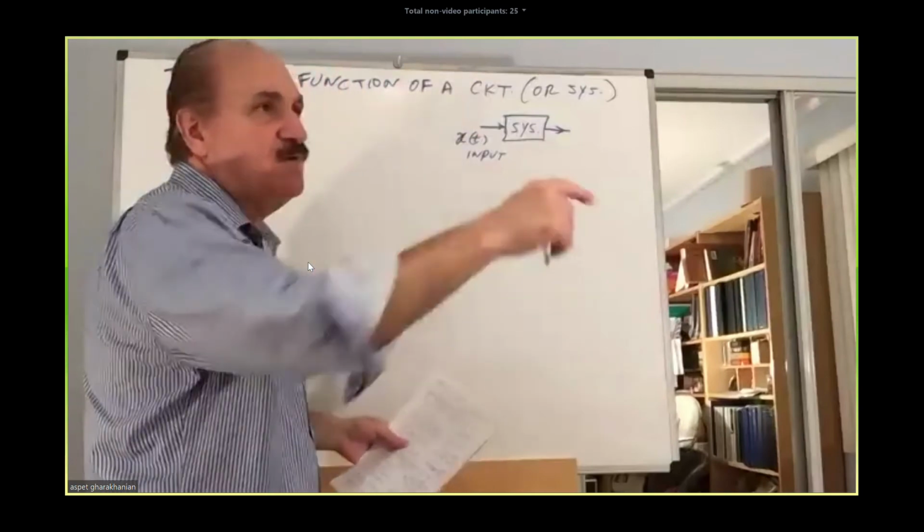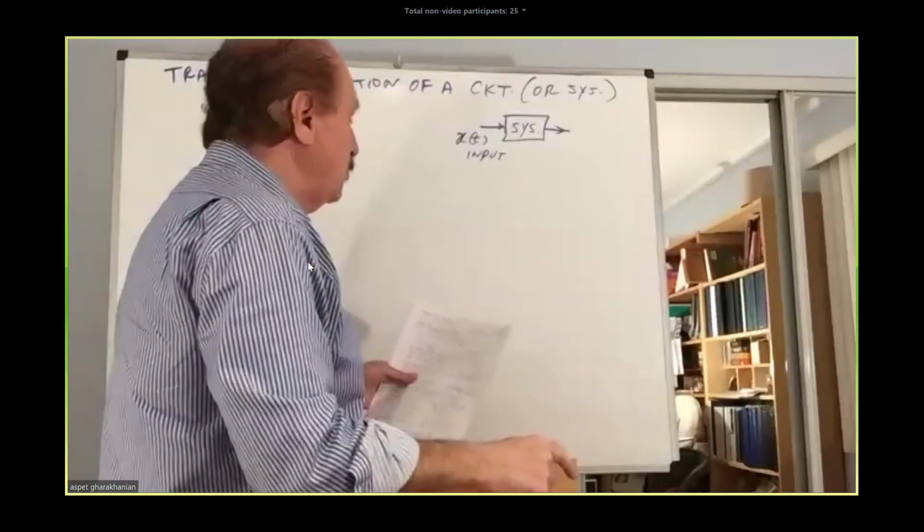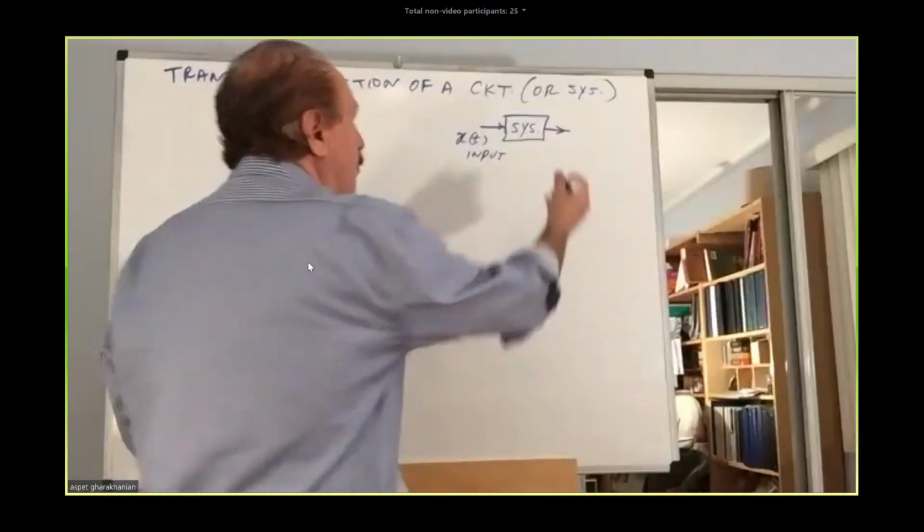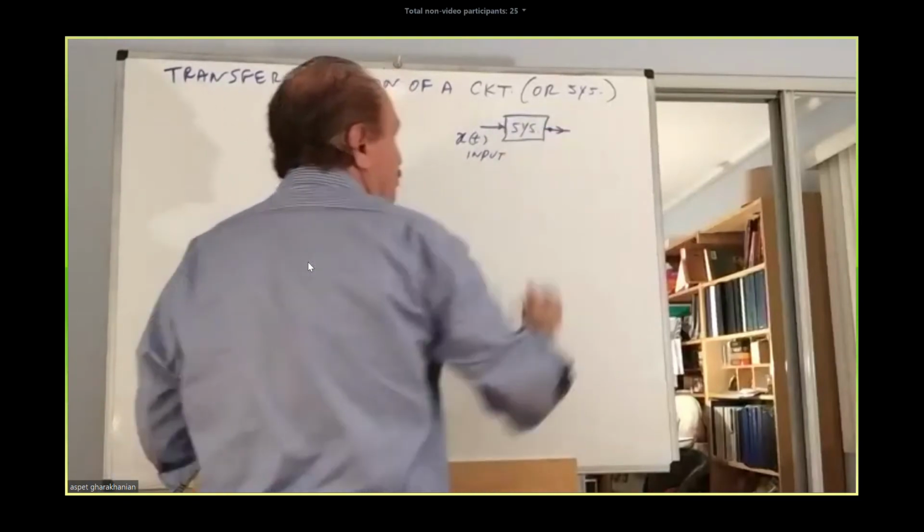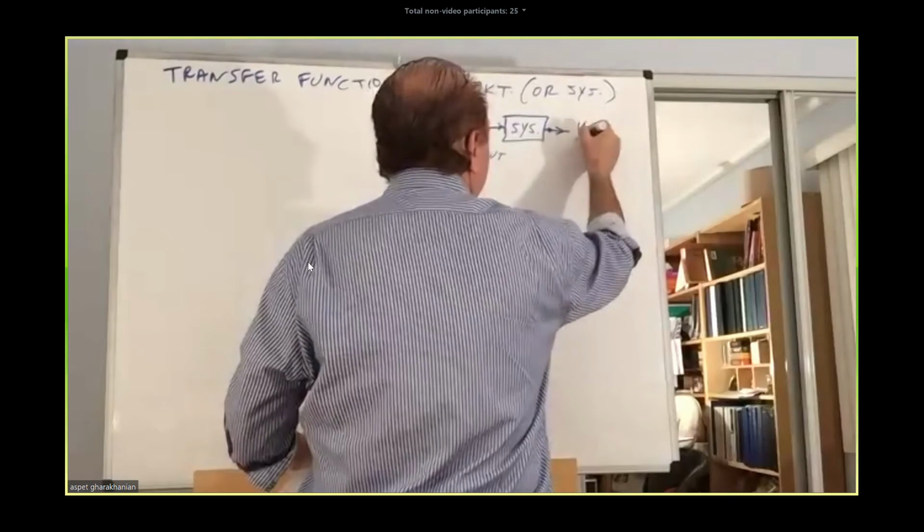You pick one of those points, one of the nodes within the circuit or system, name it my output, and you call that y of t.